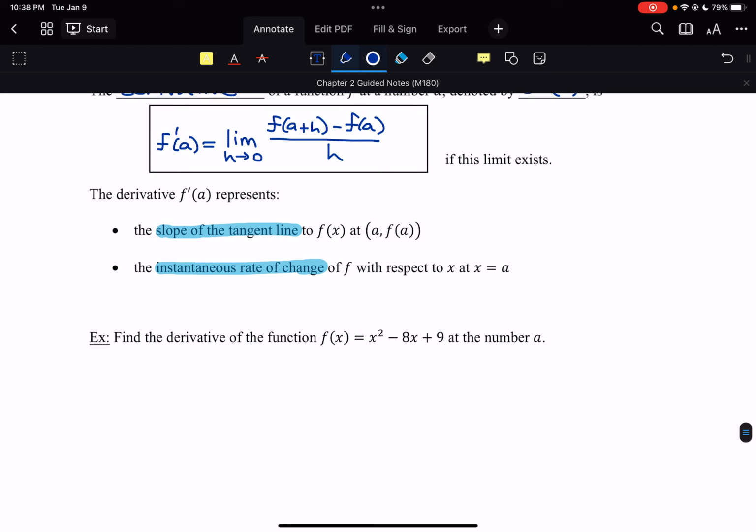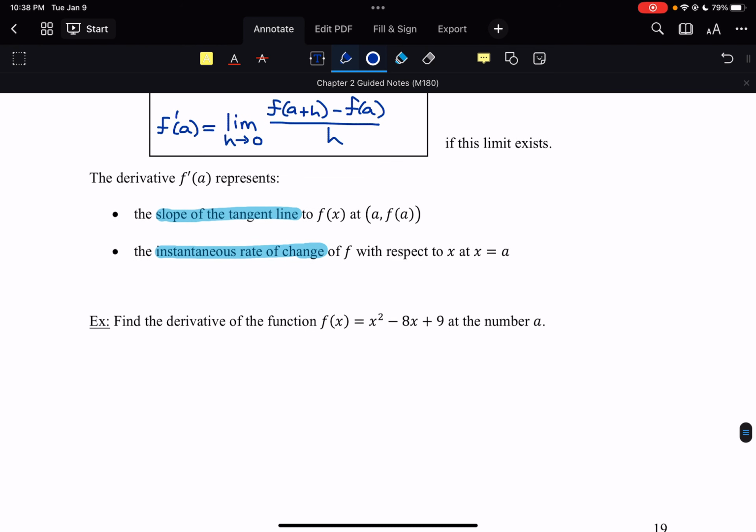So if we look at this last example here, find the derivative of the function f of x equals x squared minus 8x plus 9 at the number a. So just at some arbitrary constant value a. So f prime of a is the limit as h approaches 0 of, so we have f of a plus h.